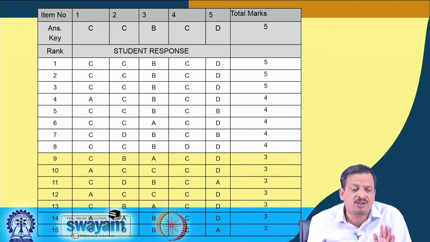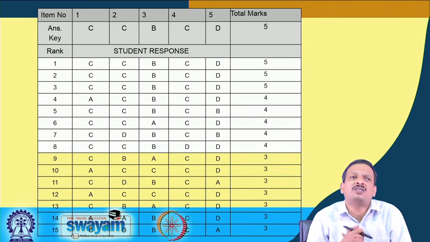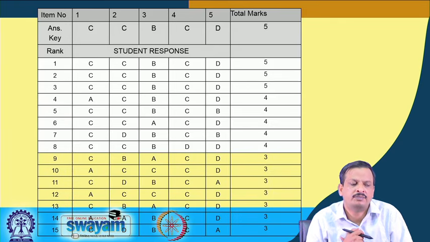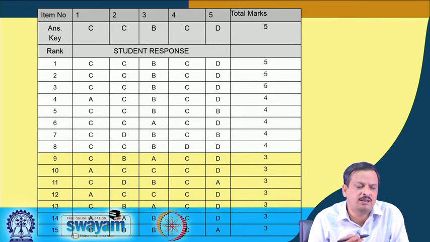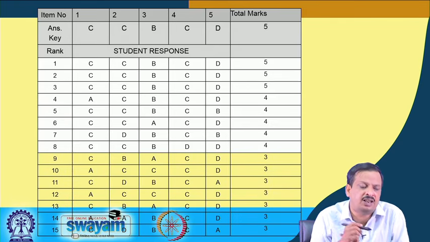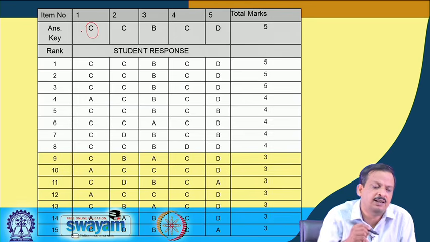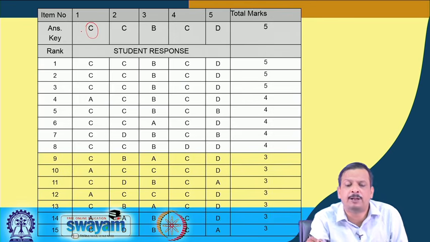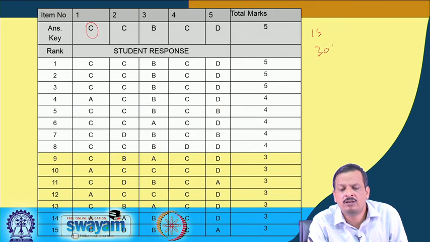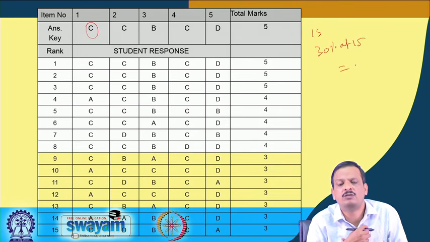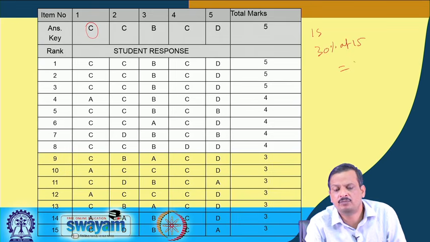Now, suppose the question is a multiple choice question. So, test item 1 is a multiple choice question, correct answer is C. Number of students is 15. So, 30% of 15 students is equal to 4.5.